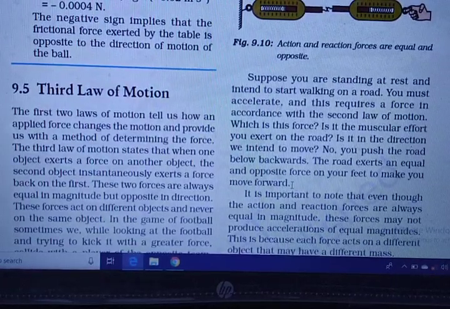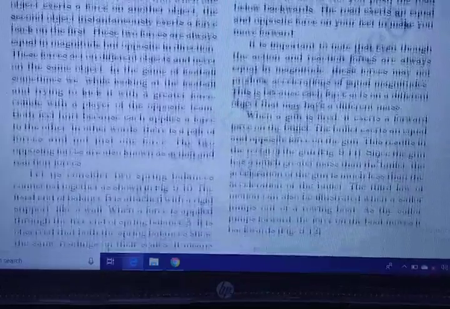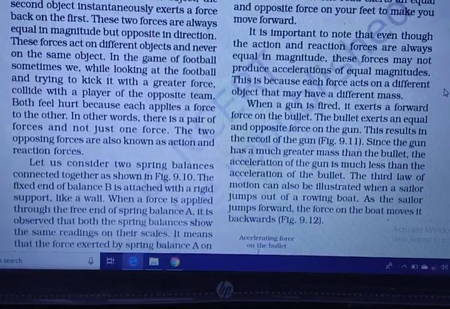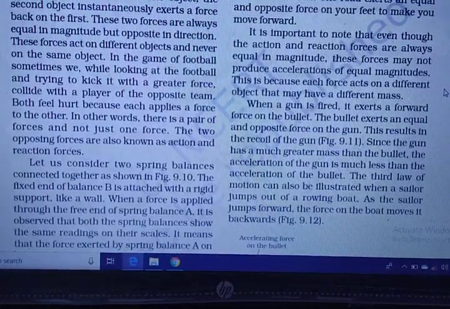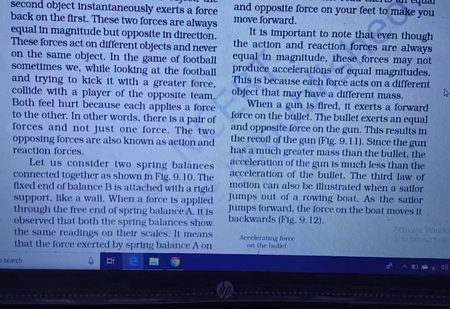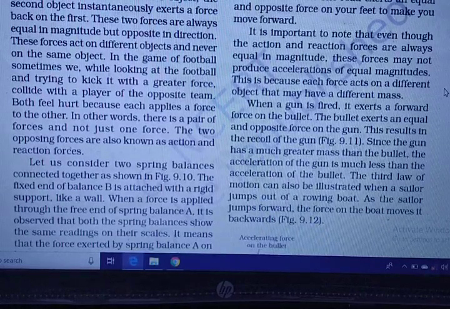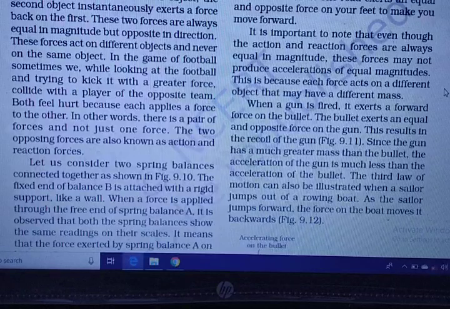Got it? It is important to note that even though the action and reaction forces are always equal in magnitude, these forces may not produce accelerations of equal magnitude.